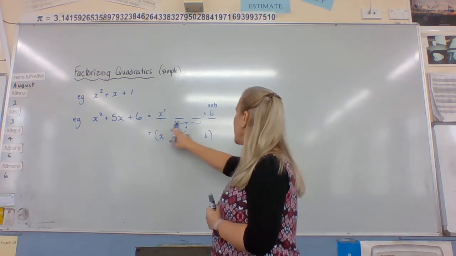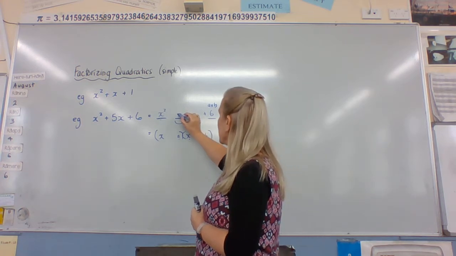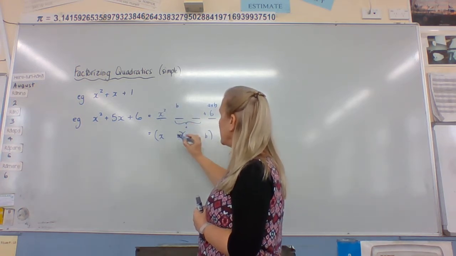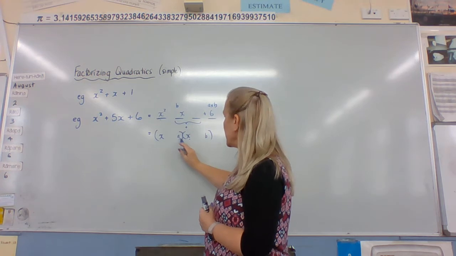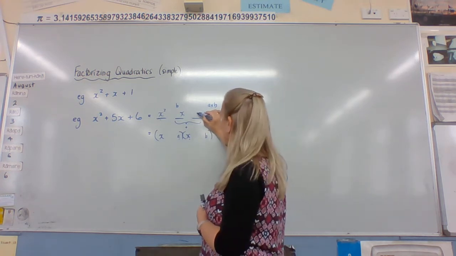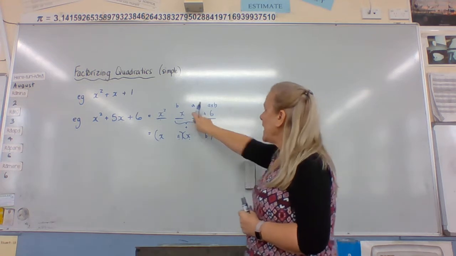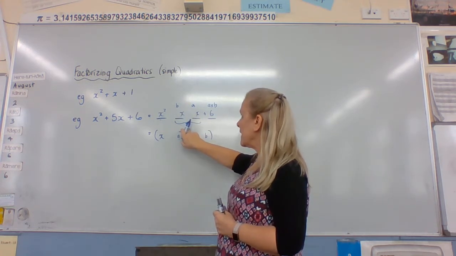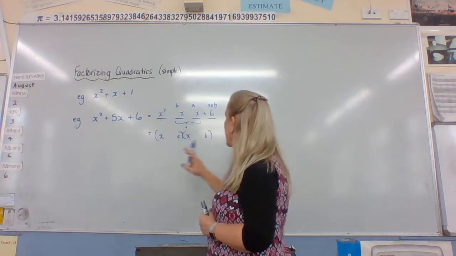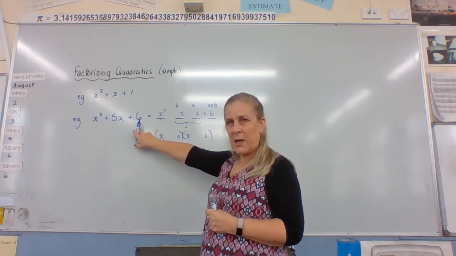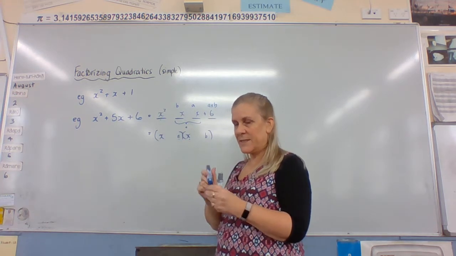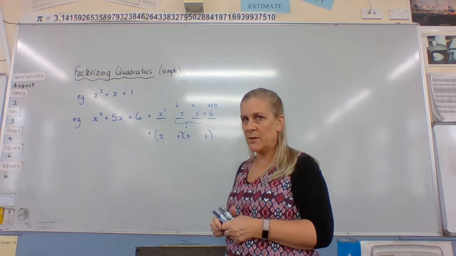And we multiplied this one by this one, so this was going to be a b x, and this one and this one was going to be an a x. All right? So a and b had to add together to give 5, and a and b had to multiply together to give 6. So that's the secret, all right?